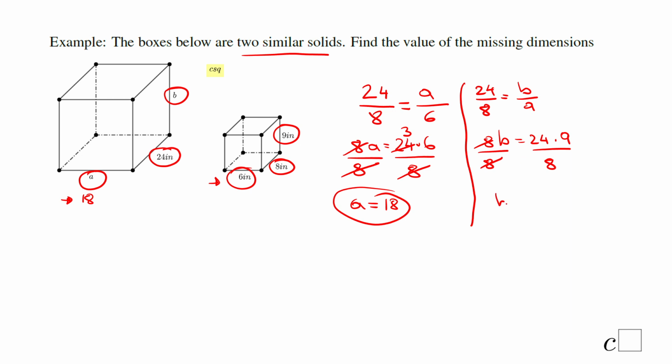So we have B equals, again, we can simplify here. 3 times 9 is 27. And again, is this a reasonable answer? The answer is yes. We can see it and we can move on.